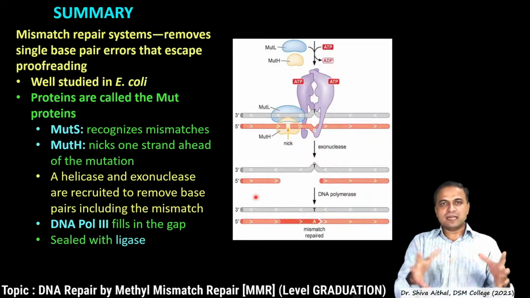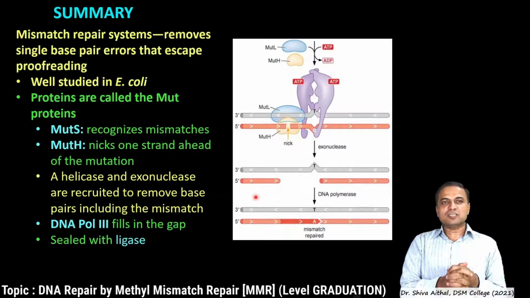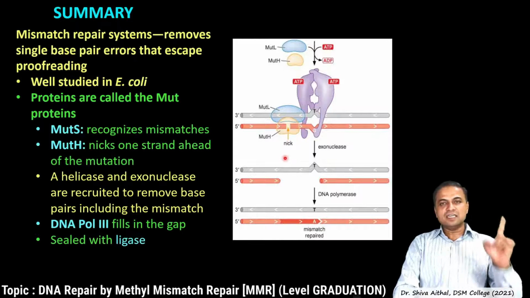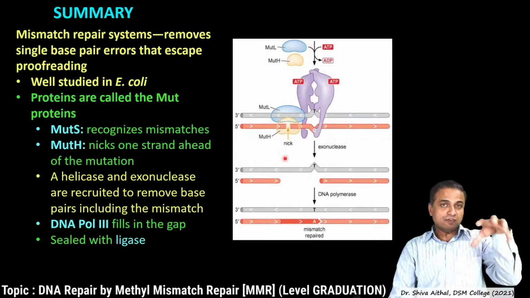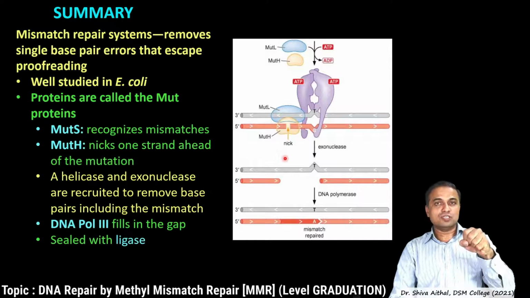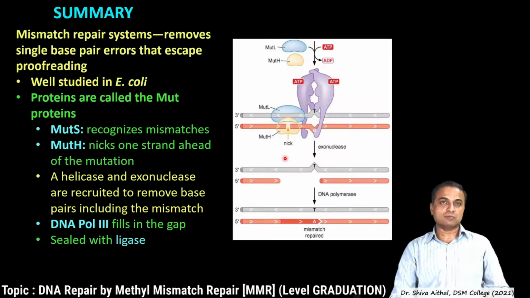If you want to summarize this in simple terms, the mismatch repair system removes the single base pair error which escapes proofreading. Remember, it is a single base pair error which is escaping the proofreading, therefore it is very important. Now if it was an induced type of mutation, then there are many other types of repair also.